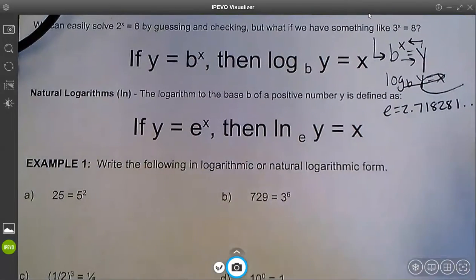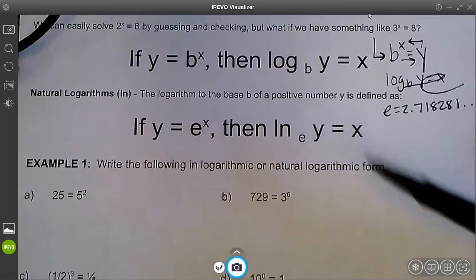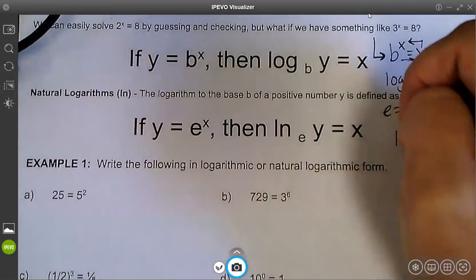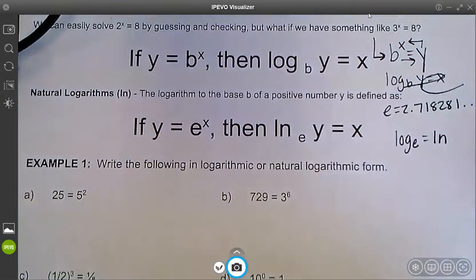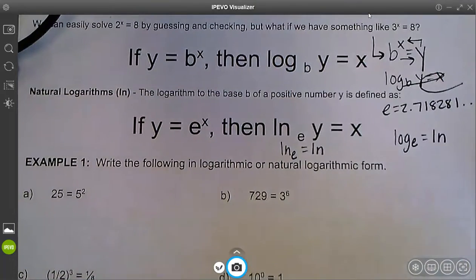It's like pi, it's a static number, and we use e because it's the exponential. That's what it's used for most of the time. It's a higher level of math than we really get into why it's e. So that's e. Log, natural log, base e. If your base is e, the inverse is the natural log, not just regular log base e. That e there is understood. So if you have log base e, that's equal to the natural log, and the base e is just understood. You don't need to write that there.